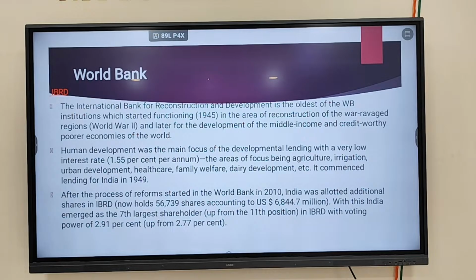If we complete tomorrow's public finance chapter, it is equivalent to 70% of UPSC syllabus having been covered.